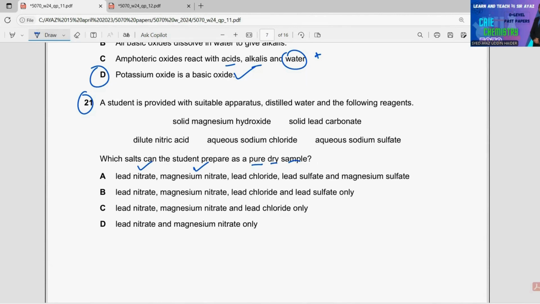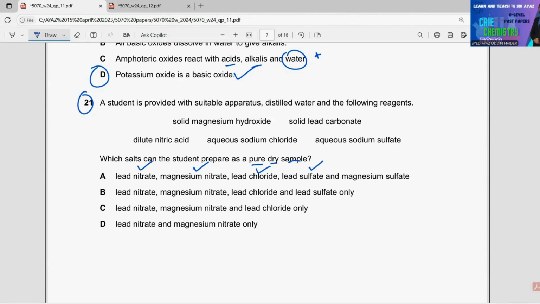Then it will be reacted with sodium chloride to get solid lead chloride. Lead chloride is insoluble, so this is also possible. What about lead sulfate? Again, we can react solid lead carbonate with dilute nitric acid to get lead nitrate, and it can be reacted with aqueous sodium sulfate to get lead sulfate.